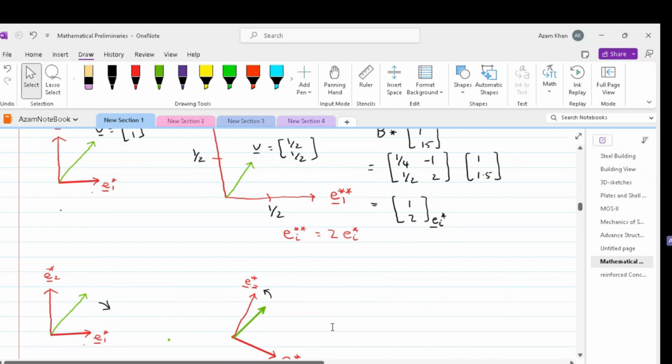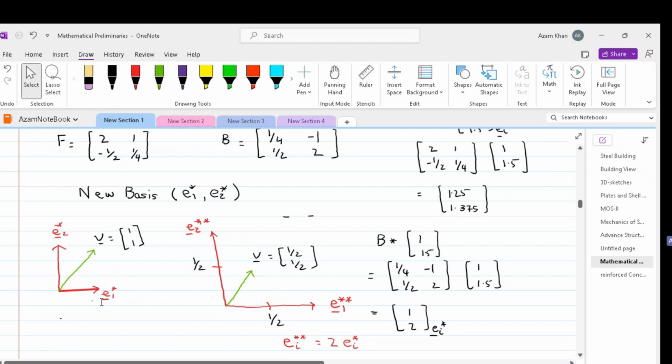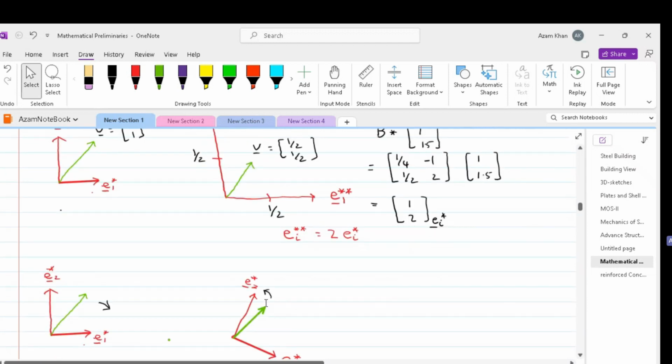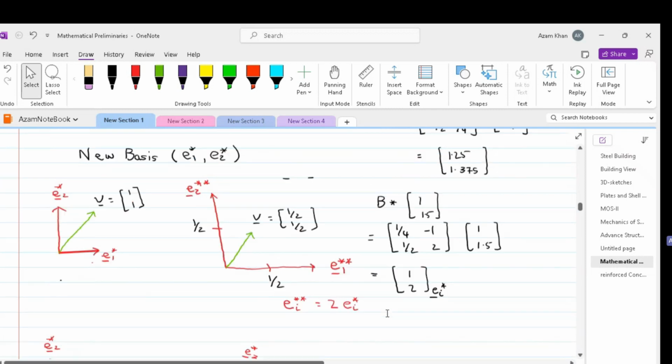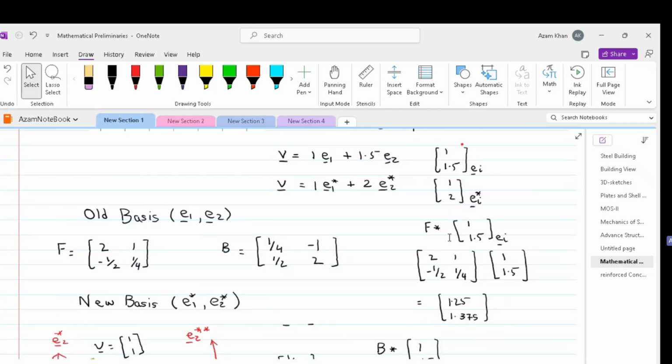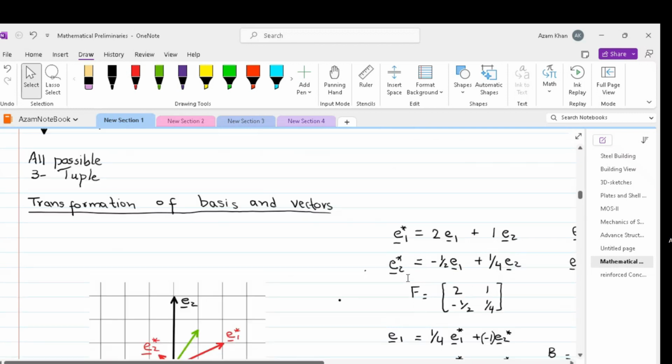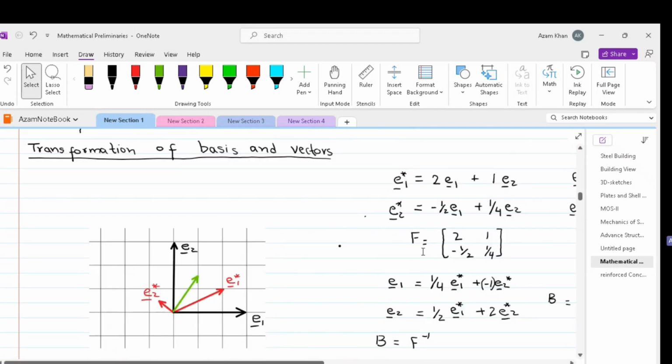After rotating our axes clockwise, the vector has come closer to e2 star. So it goes in the opposite manner, based on the logic that the vector components are reduced if we increase the basis size, and if we rotate our bases, the vector moves in the opposite direction. This tells us that we have to multiply by the opposite transformation as the basis transformation.